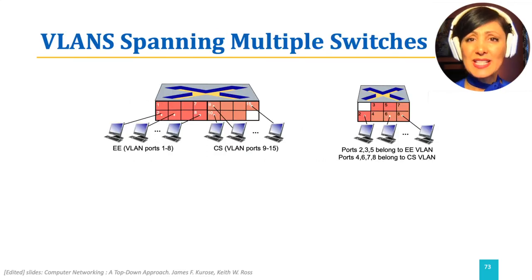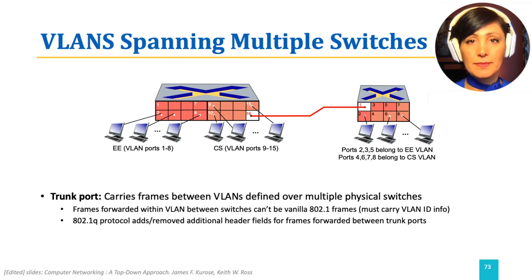Another interesting and very useful setting that we can gain using VLAN-enabled switches is configuring VLANs across multiple switches. This would require a port that connects two switches, but parts of them are virtually seen as one. This port is called a trunk port and carries frames between VLANs defined over multiple physical switches.